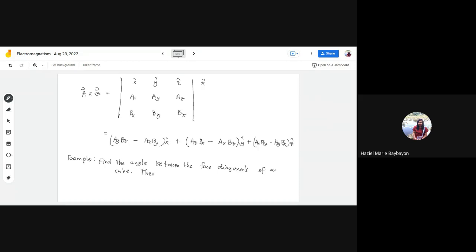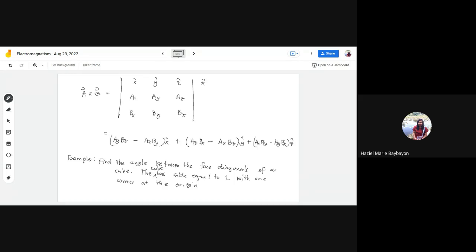The cube has side equal to 1 unit, with one corner at the origin. So, sige to. Find the angle between the face diagonals of a cube. The cube has side equal to 1 with one corner at the origin.